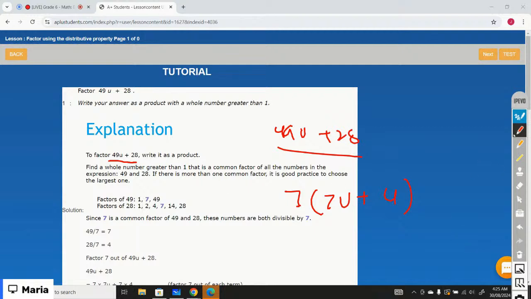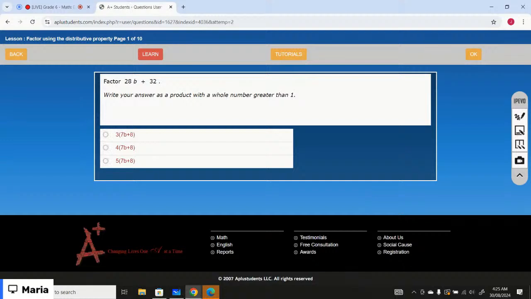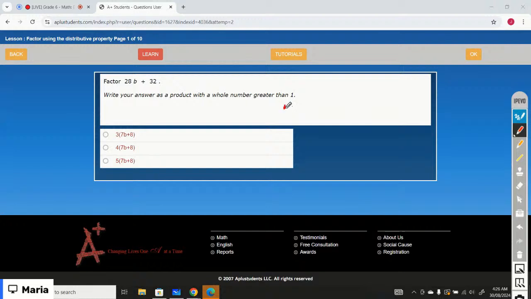Let's just start with the test questions. 28b plus 32. So which is the correct option? You have to think of a common number that can divide both 28 and 32. The number that can divide both 32 and 28 is 4.